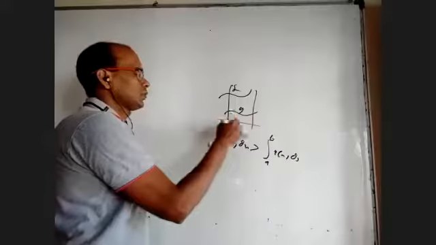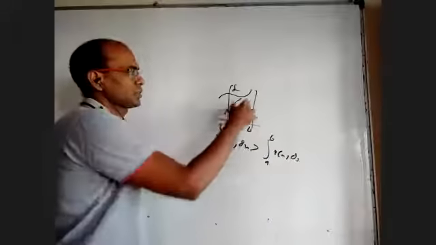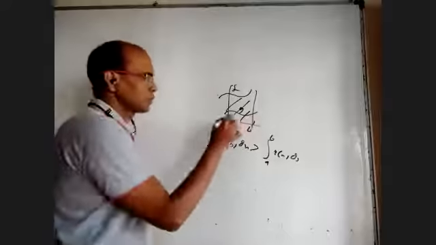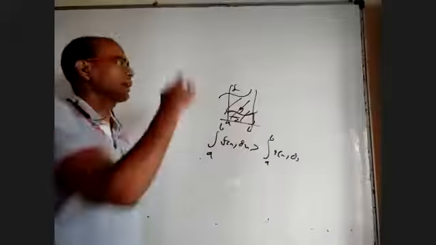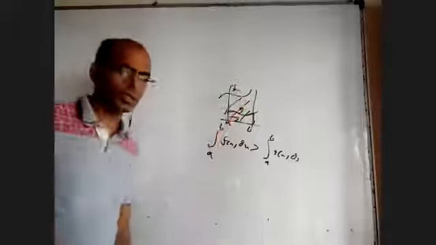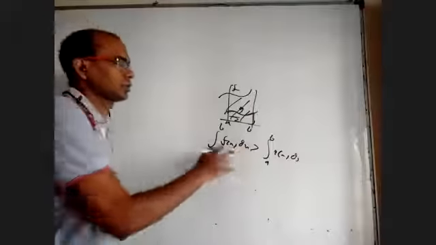Because a to b f of x dx is this total area, and a to b g of x dx is only below this area. So when one curve is completely above another curve, area under the upper curve is more than area under the lower curve. So based on that, we wrote this.